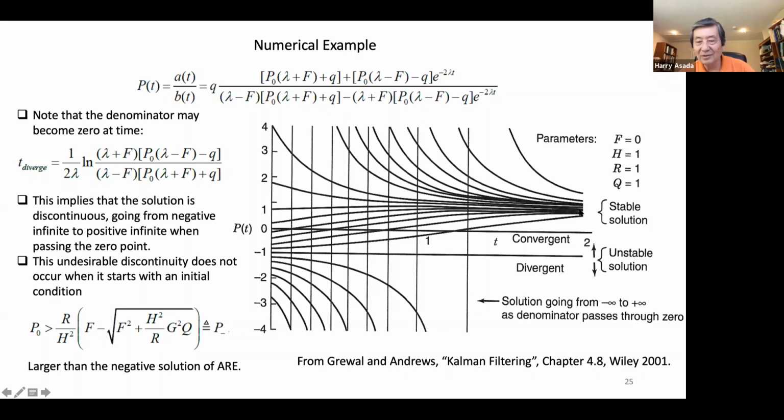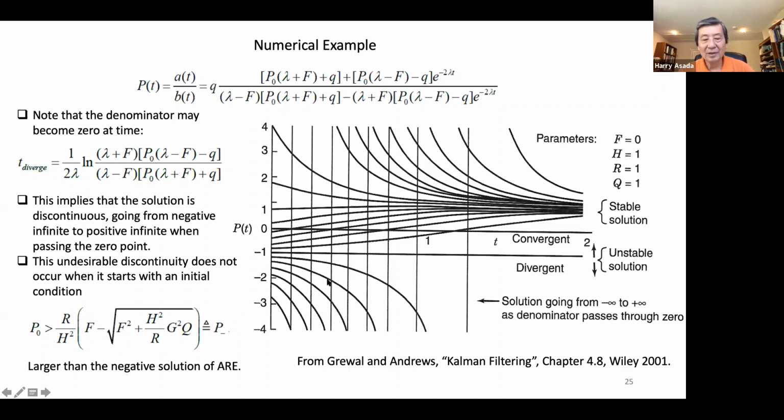Regardless of the initial conditions, as long as they start somewhere here, everything converges to the same point. However, if you provide an initial condition that is lower than -1, it shows a kind of strange behavior.